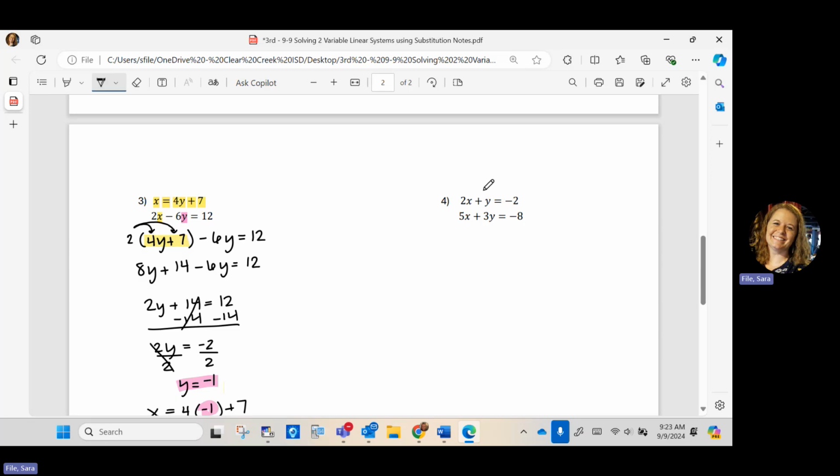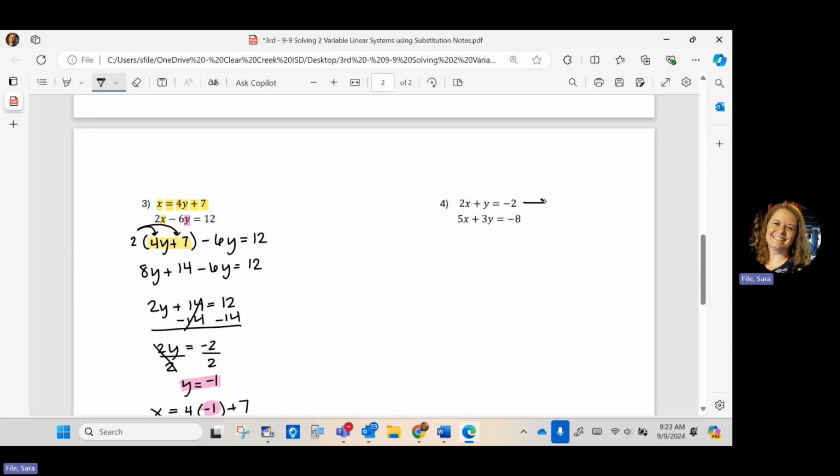Okay, so I'm going to use the first equation, and I'm going to solve that one for y. Because the only thing I have to do to solve that for y is move 2x over by subtraction. Now remember, you cannot combine this -2 and -2x because one's an x term and one's a constant. So be sure you keep those separate.